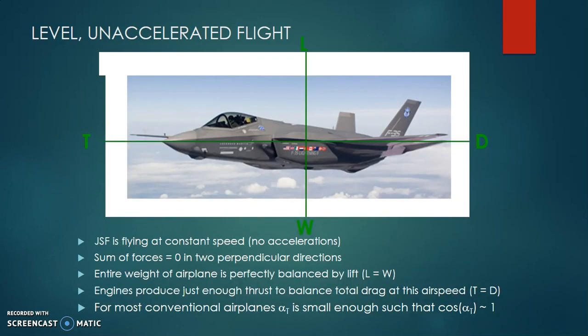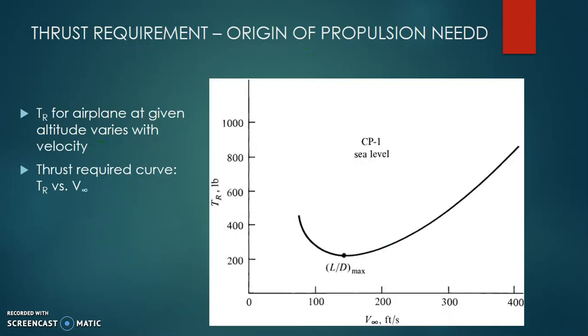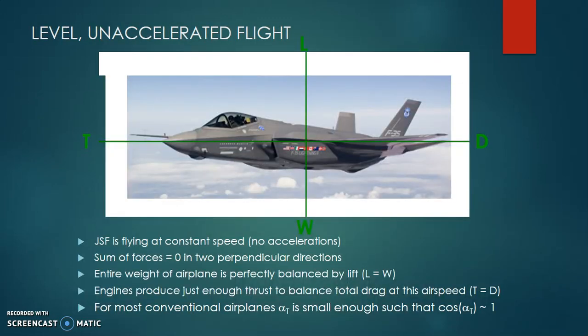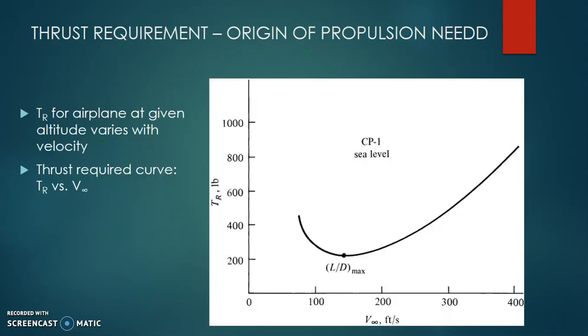Now when you are not in cruise mode but in increasing velocity maneuvers, the drag performs as a square function of velocity, and so does the lift. But at one point when L by D, which is the design parameter, is optimized, you reach a point where because of the lift, the majority of the weight is being taken care of and drag is minimum.